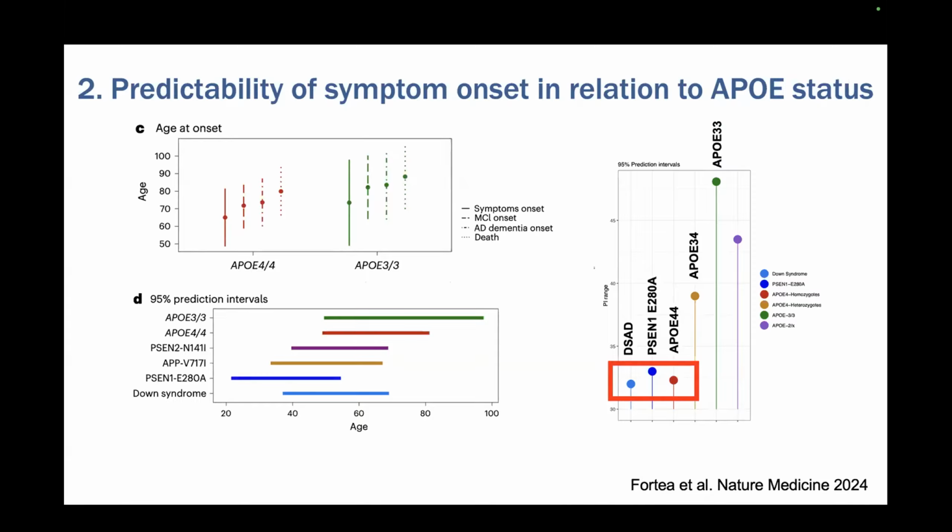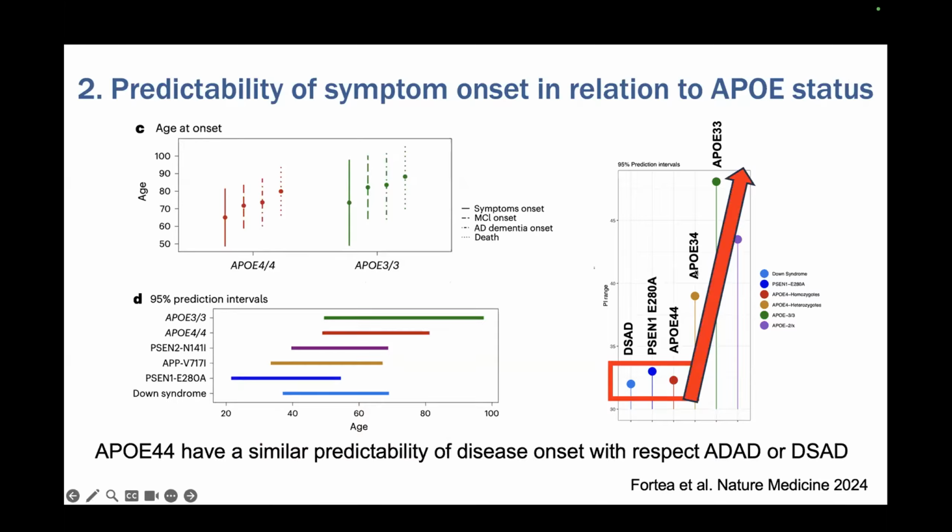The similar variability as in the genetic form of Alzheimer's disease, and a clear gene dose increase in these prediction intervals when you are heterozygote or ApoE3 homozygote. So again, similar predictability of disease onset with respect to AD or DSAD.